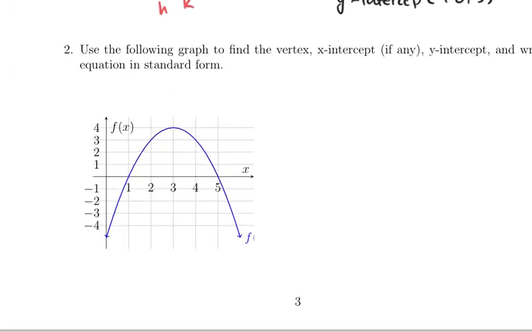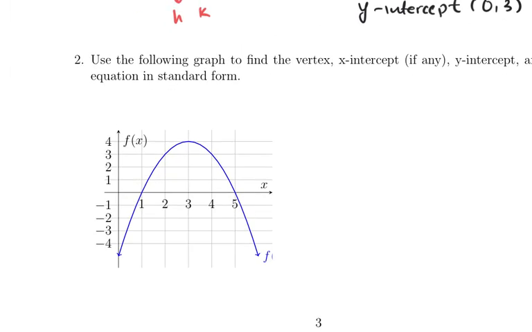All right, so let's check. The first thing you should focus on is always the vertex, which clearly is which point? 3 and then 4, right? So this is h and this is k.